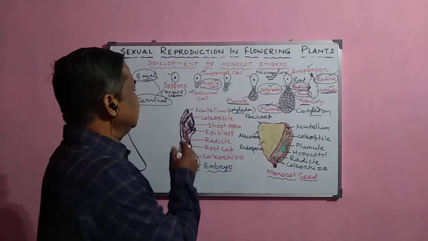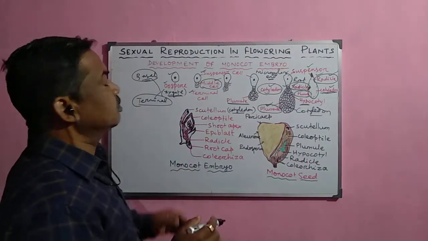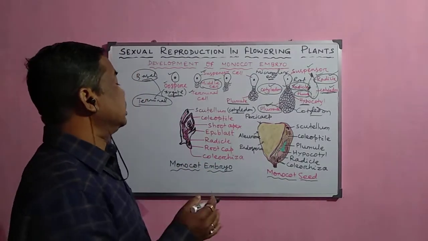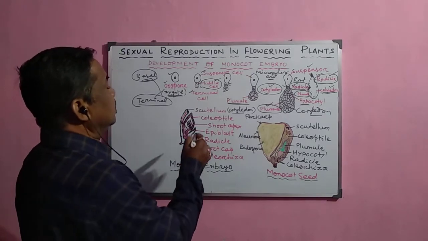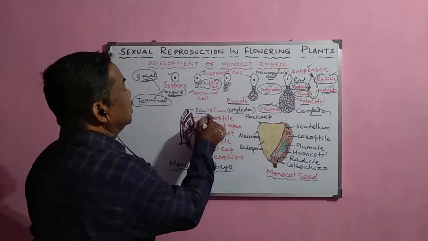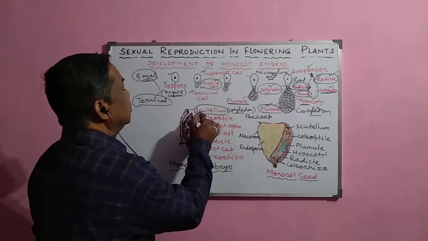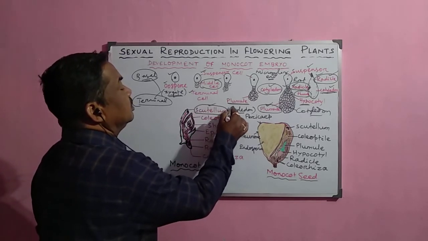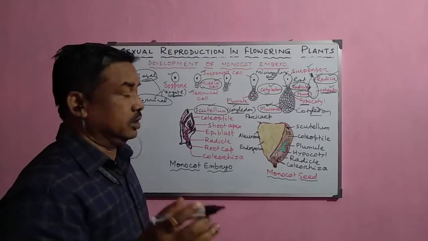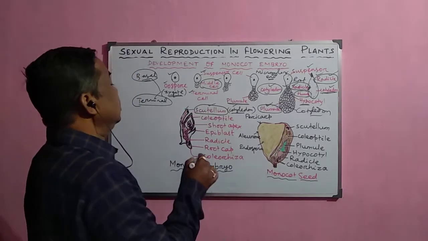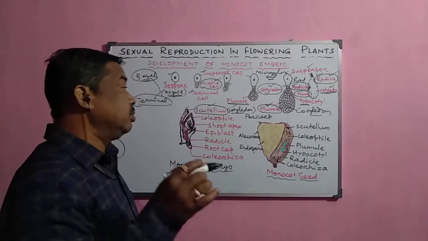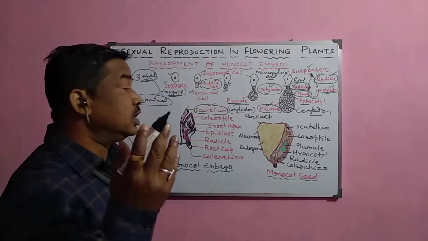Now what is the structure of the embryo in case of a monocot plant? In a monocot plant, the reserve food material is stored here in the scutellum, which is also called the cotyledon. Only one cotyledon is present here in a monocot, but in a dicot, two cotyledons are there.